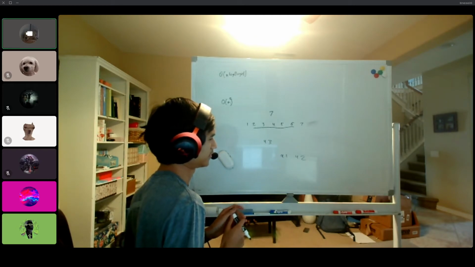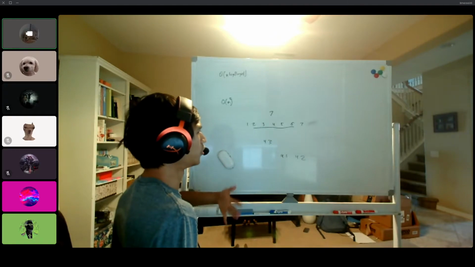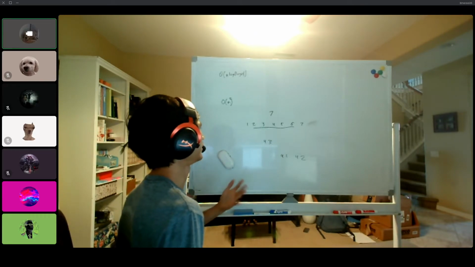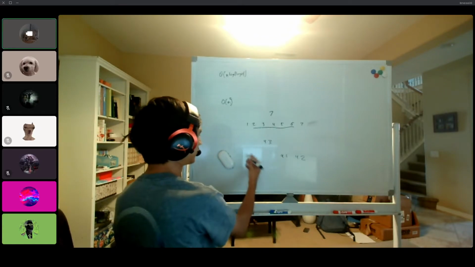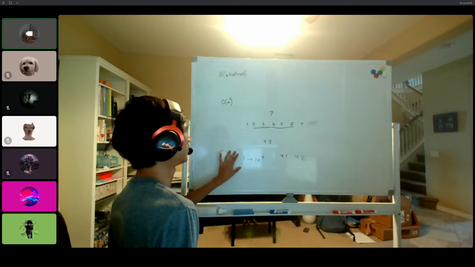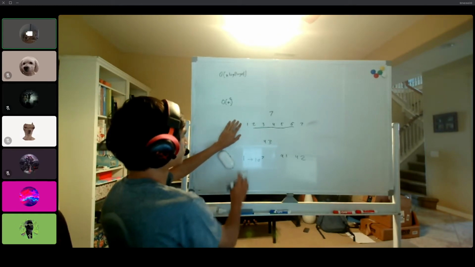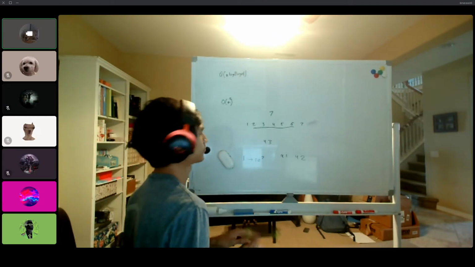Does that make sense? So checking one number is O of n. So if we want to check all numbers from 1 to n, it would be O of n squared. Since each number takes O of n and we're going through n numbers, it will just be n squared.